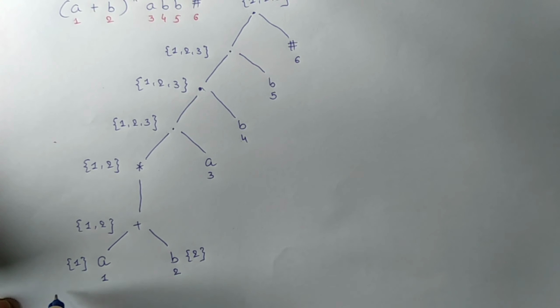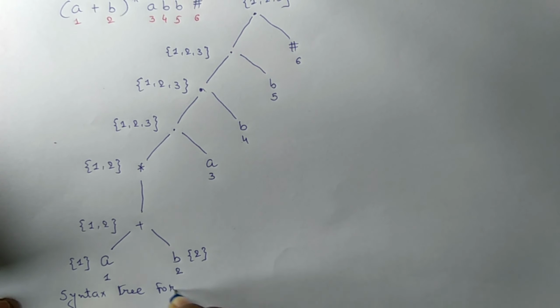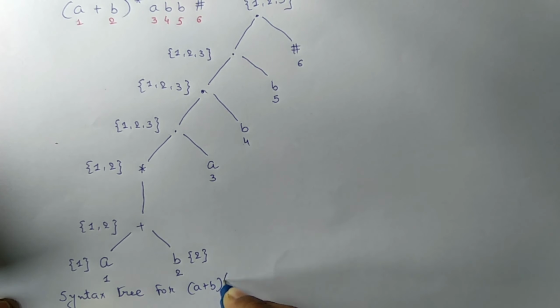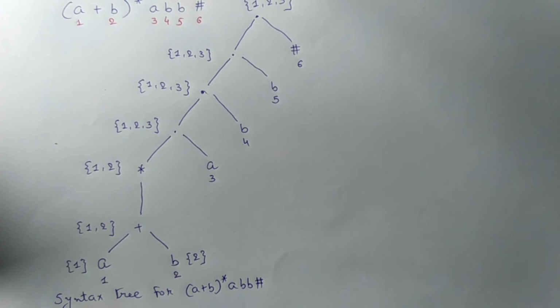So this is the syntax tree for (a or b)* abb#.